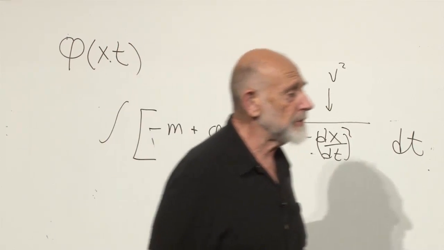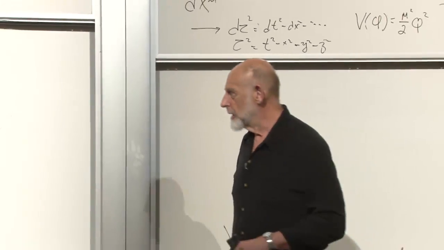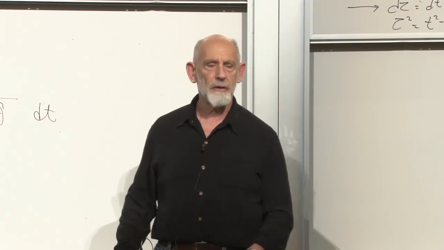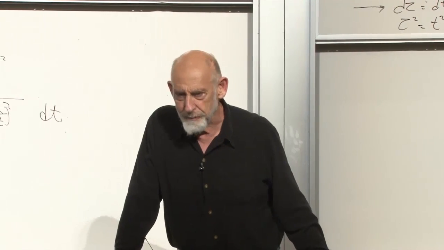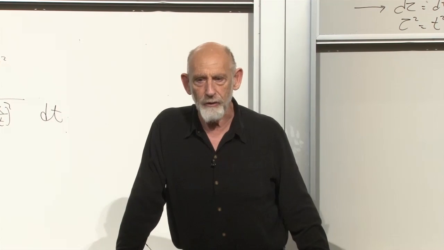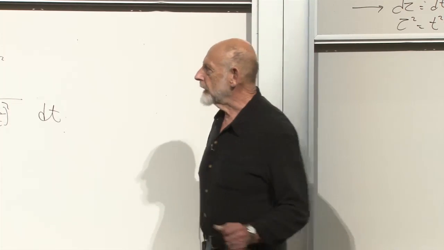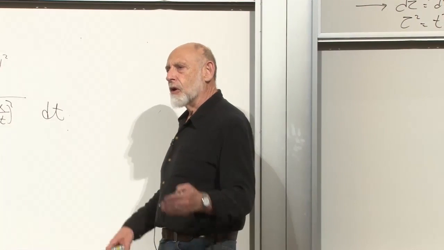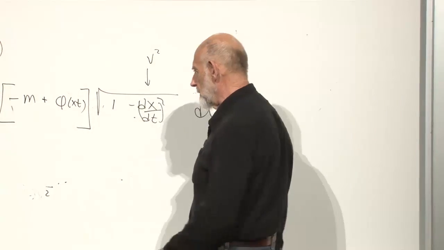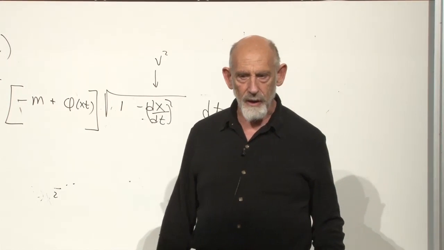Now, first of all, notice something interesting about this. Supposing for some reason the field liked to migrate to some value, for some reason the field liked to seek some stable value which wasn't 0. Supposing it liked to get frozen for some reason away from 0. Constant, completely constant. Phi would then just be a constant, or approximately a constant.